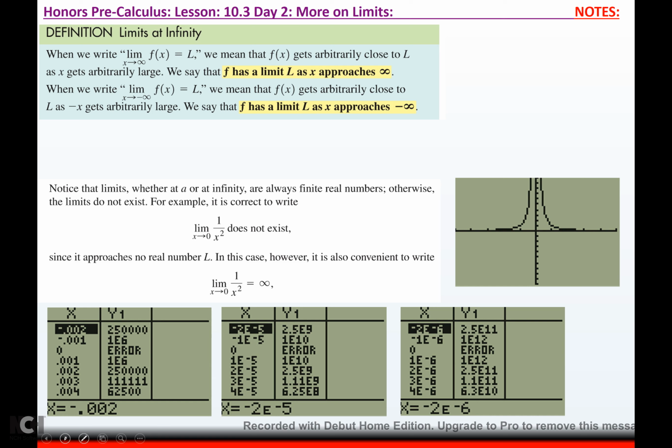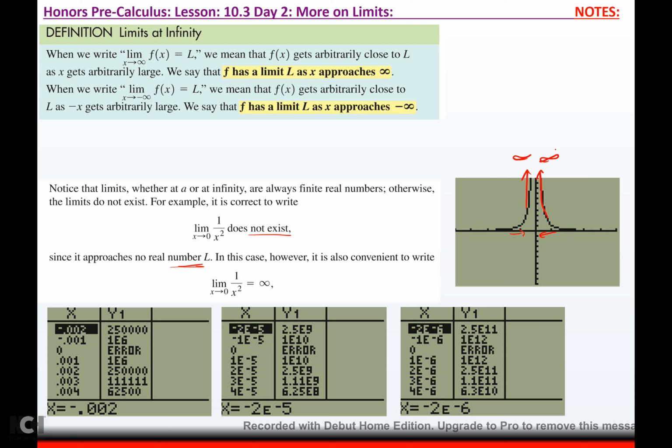Notice that limits, whether at a or infinity, are always finite real numbers. Otherwise, the limits do not exist. For example, it is correct to write that the limit as x approaches 0 of 1 over x squared does not exist, since it approaches no real number L. But you can see from the graph, as I get closer and closer to 0, this function on both sides is getting closer and closer to infinity.